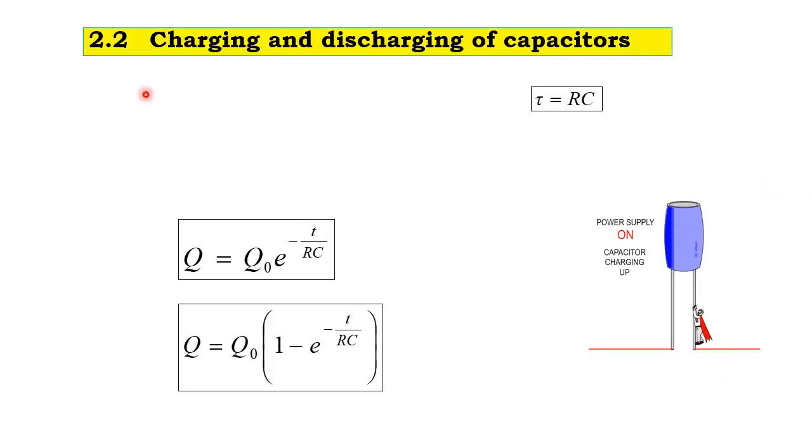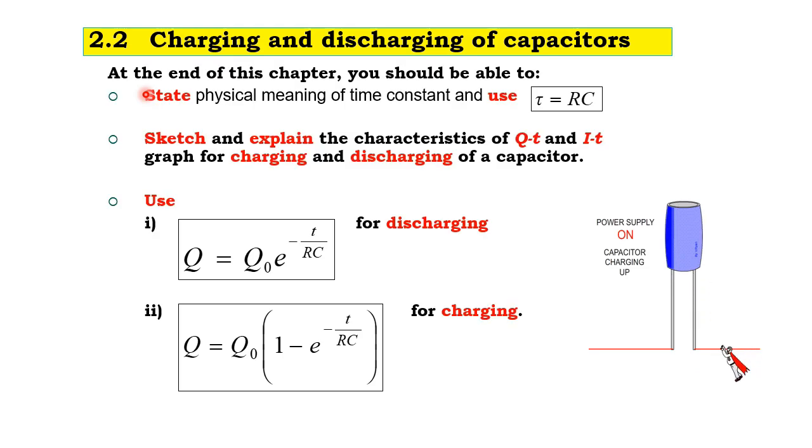Our learning outcome 2.2 is charging and discharging of capacitors. So you need to state the physical meaning of time constant and use tau equal to RC. And then the second one, you need to sketch and explain the characteristics of the charge against time graph and current against time graph for charging and discharging of a capacitor.